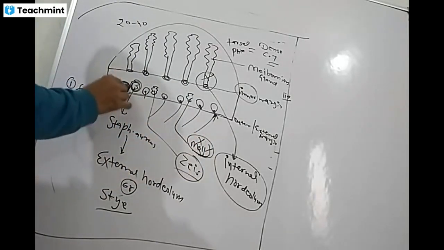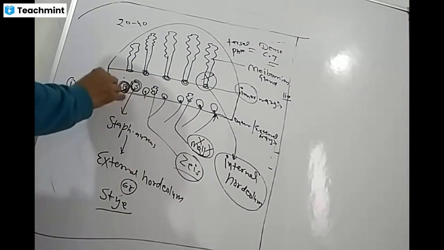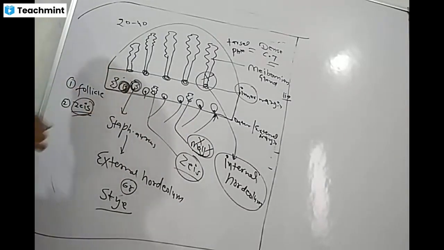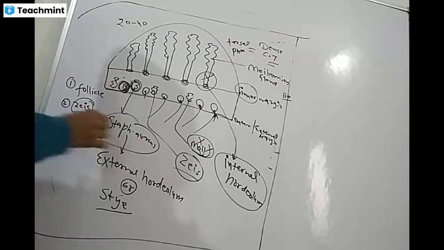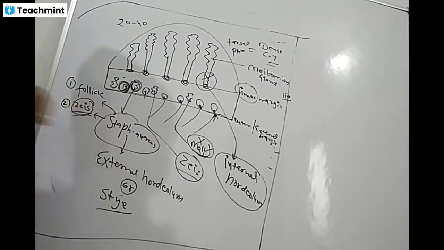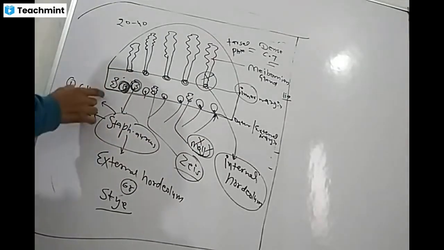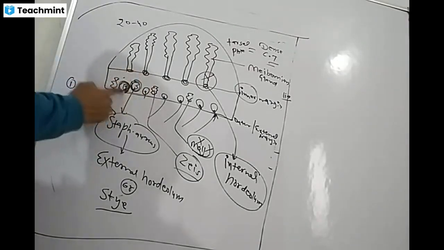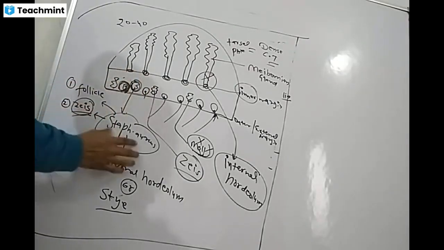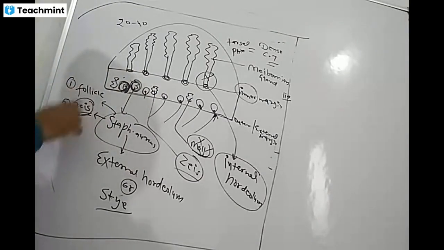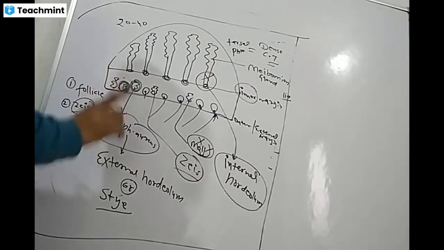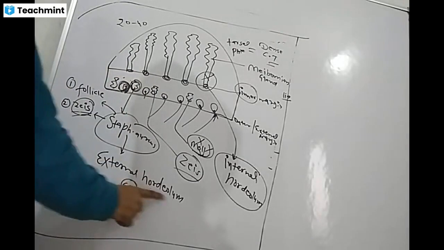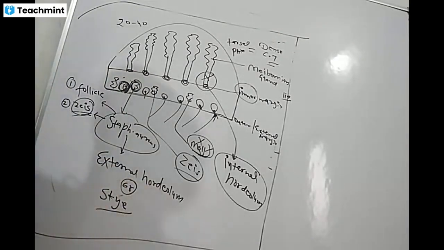Either this follicle or the nearby gland of Zeis. If staphylococcal infection occurs to these two structures, either your follicle or your adjacent gland of Zeis, then the terminology is external hordeolum or stye.